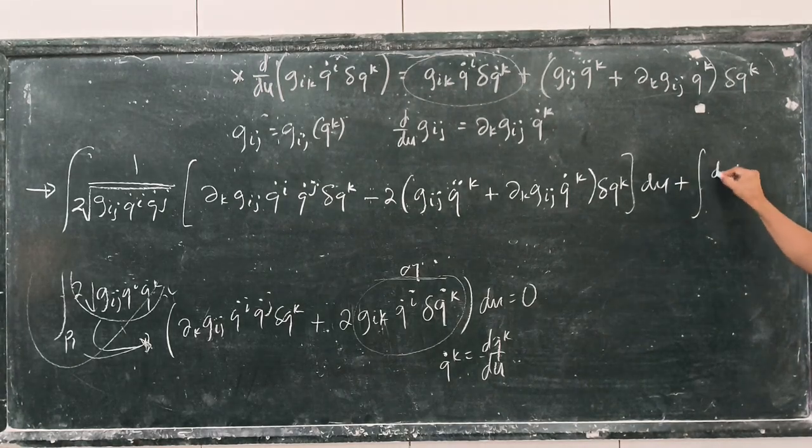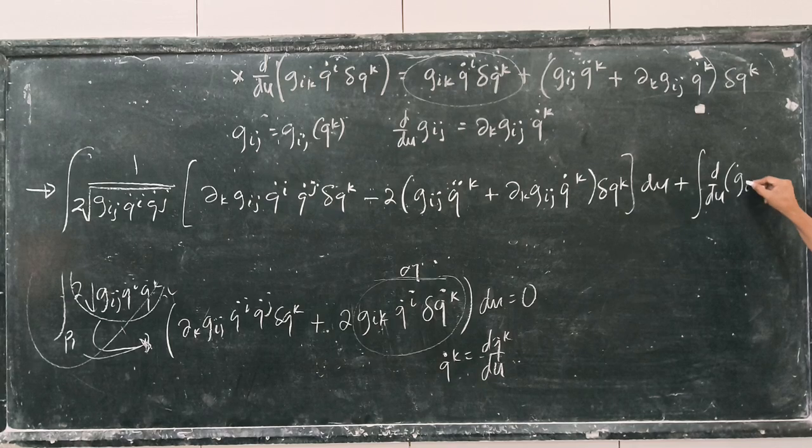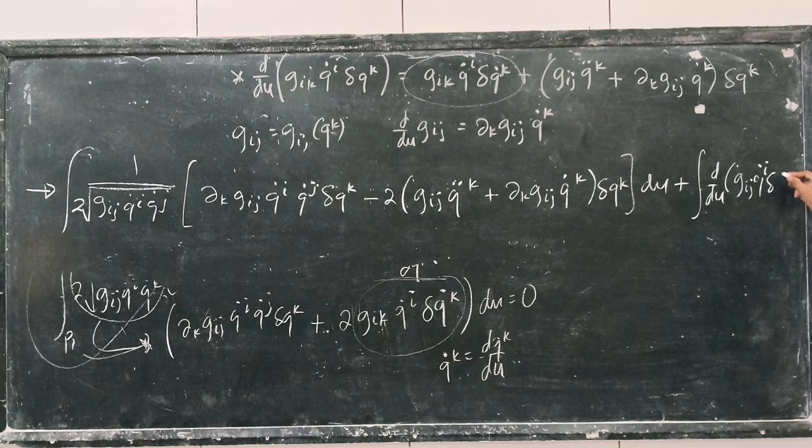Plus the integral of d over du of Gij Q dot I delta QK du, right?